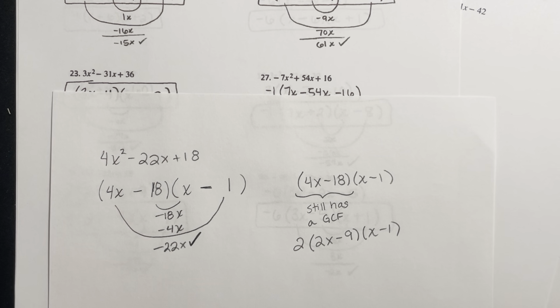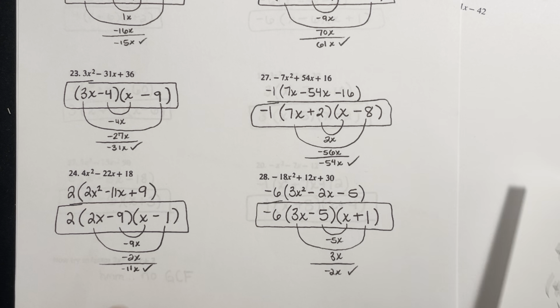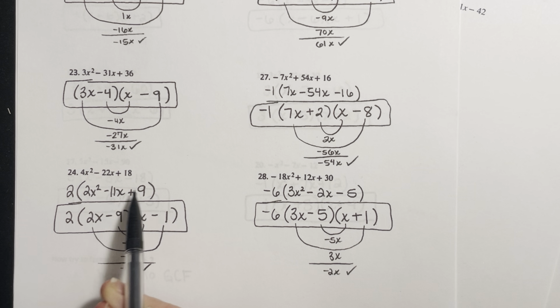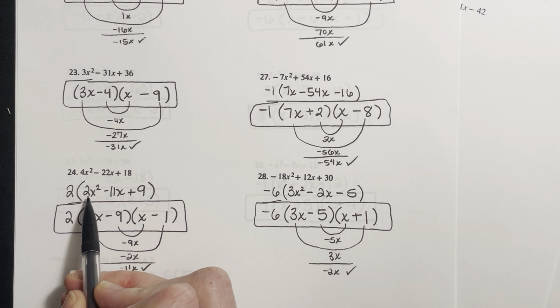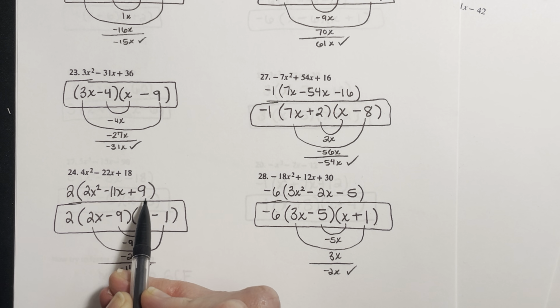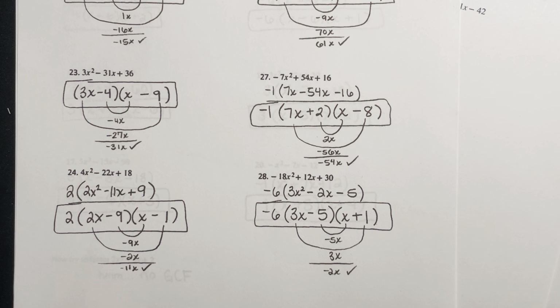And we have the x minus 1, which is the factorization that I had. But when you factor out your GCF first, it made all of these numbers that we needed to look at a little smaller. So the new quadratic was 2x squared minus 11x plus 9. 9 has a limited number of factors. It's only 9 and 1 or 3 and 3. So there's less things to check if you factored out your GCF.